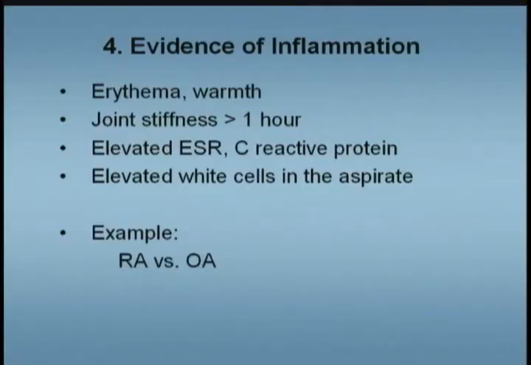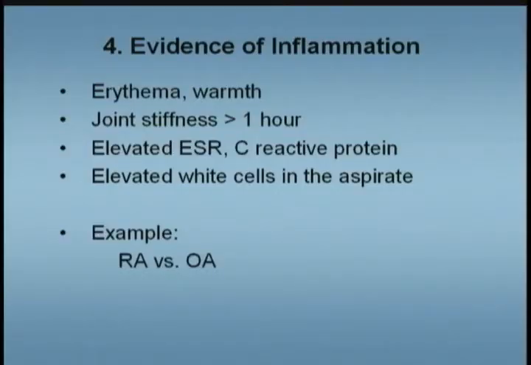Joint stiffness means inflammation, and it gets better with exercise, mobility, and as the day goes by, and it's worse in the morning. On top of the joint stiffness, you'll see erythema and warmth when you examine the patient. You may look for effusions also, and then you could check the blood tests for erythrocyte sedimentation rate and C-reactive protein.